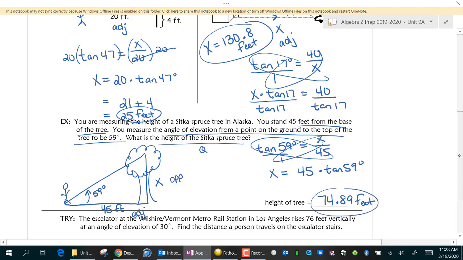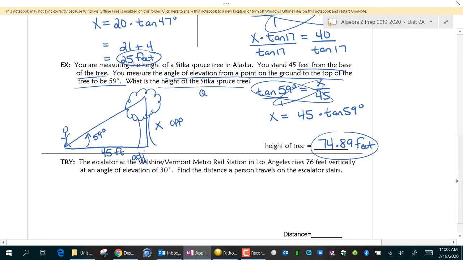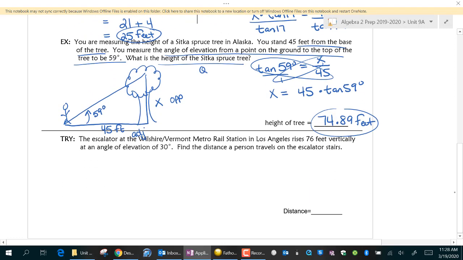Okay, so here's our last example. So this one says the escalator of the Wilshire, Vermont Metro Rail Station in Los Angeles rises 76 feet vertically at an angle of elevation of 30 degrees. Find the distance a person travels on the escalator stairs. Okay, so picture our escalator here.